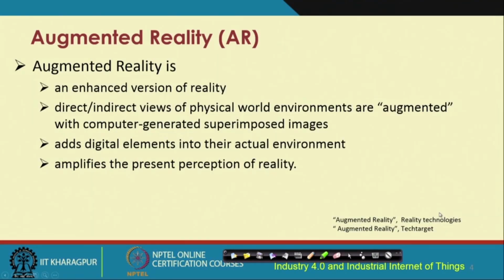So, let us now try to understand what AR is. Augmented reality, as the name suggests, is augmented. Physical reality is augmented with certain information, typically some computer generated digital images, to give a better perception to the users, an improved perception of the reality.